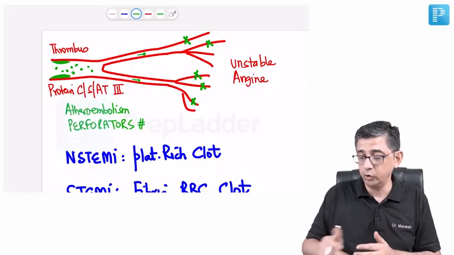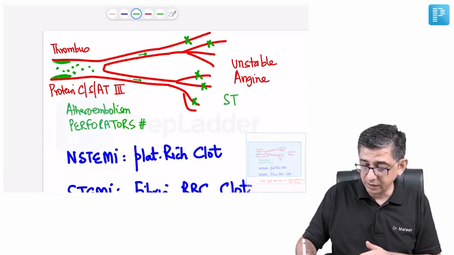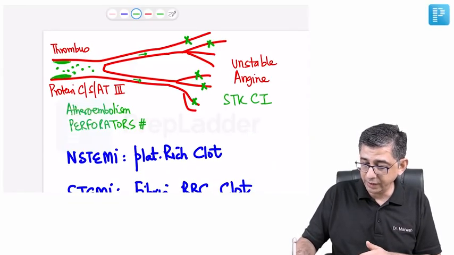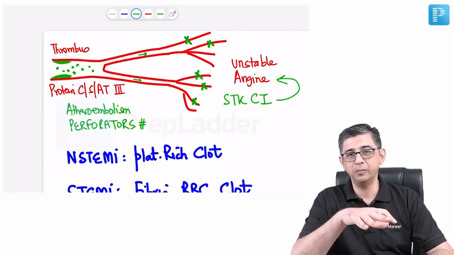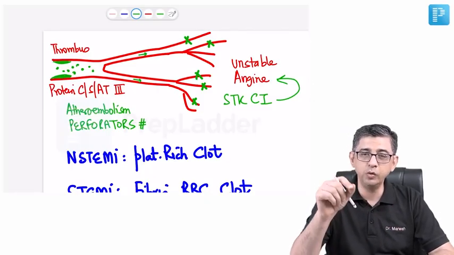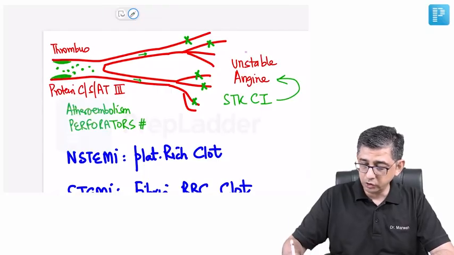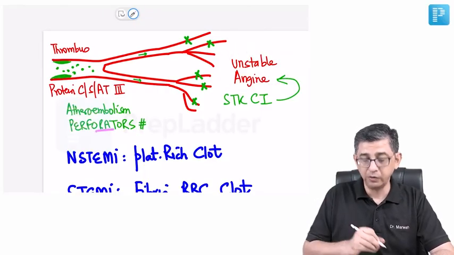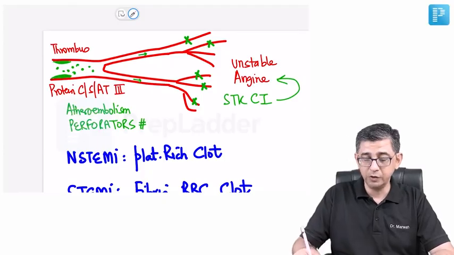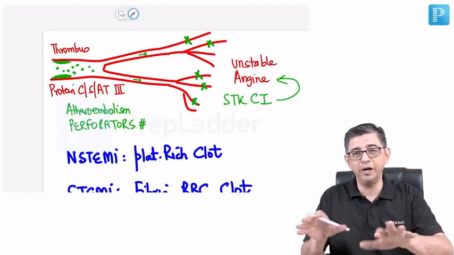That is why I said earlier that thrombolysis is contraindicated in patients of unstable angina or non-ST elevation MI. Whenever you read the word unstable angina, your thought process as a doctor should be: what is getting occluded? Perforators. By what? Pieces of the small clots which are getting fragmented already.